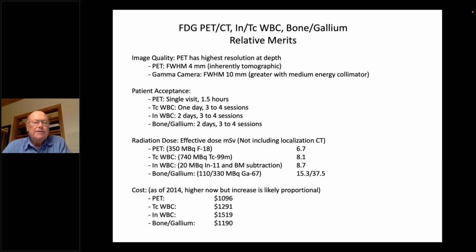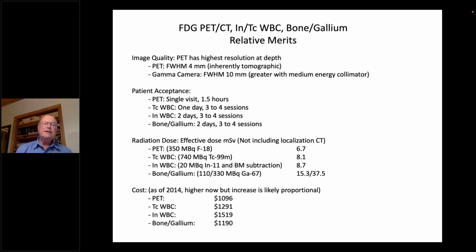Cost of the procedures: we looked at it in detail in 2013 when I first gave a presentation on this topic, and PET-CT was the lowest, although it's not substantially different from the other modalities.